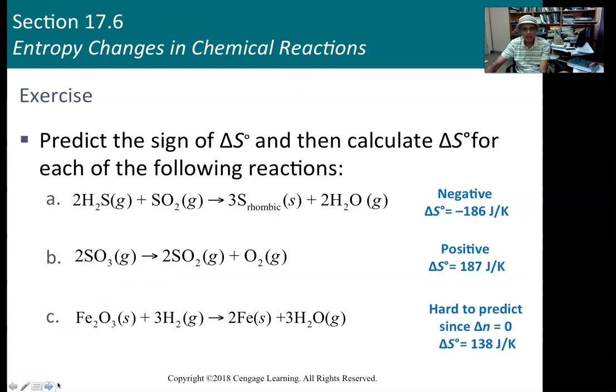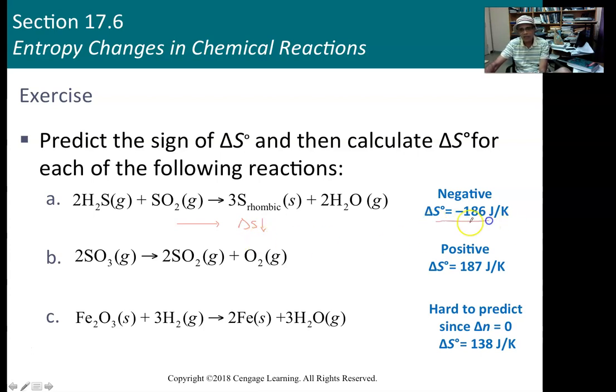Okay, these are some of the examples. I'll let you try and work through them. Predict the sign of delta S, and then calculate the delta S for each of the following. So here, let's just take this one. The gas 2 and 1. This one is a solid, this one is a gas. So 2 plus 1 here is 3, and this one is 2. So in terms of positional entropy in this direction, delta S should be decreasing, negative.